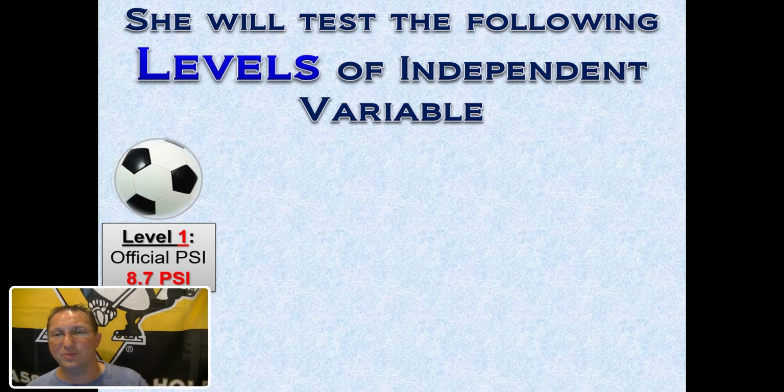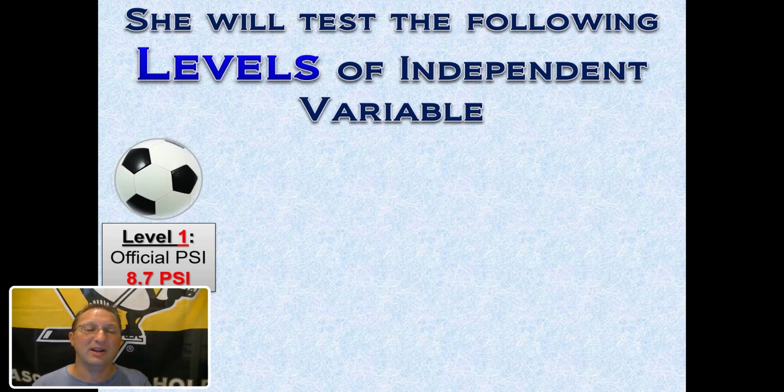Now, they don't really use PSI, they use pascals, which is a different measurement, but since you're more familiar with PSI, we'll do PSI. So 8.7 PSI. So that's her normal. That's the official pressure of every soccer ball that she plays with, Major League Soccer. So that's level 1. Is that an experiment? Nope. We got to have a minimum of 2 levels.